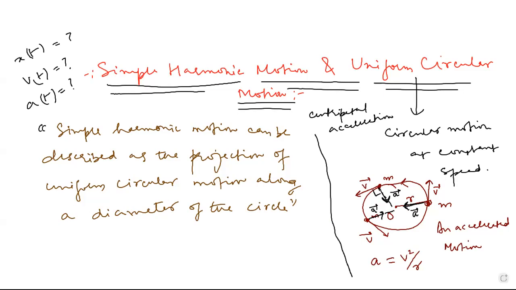So let me justify it. If there is a particle going in a circle at constant speed, for example, this mass is going this way. Now, if you take a diameter of this circle, like this, this is the center. Now, you draw a perpendicular from the particle on the diameter.